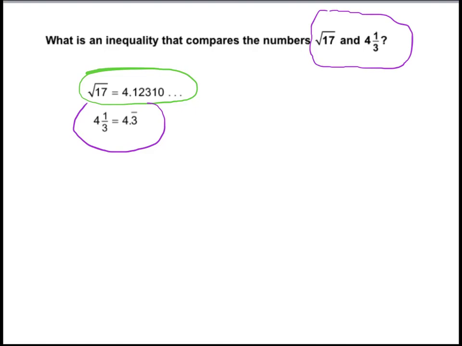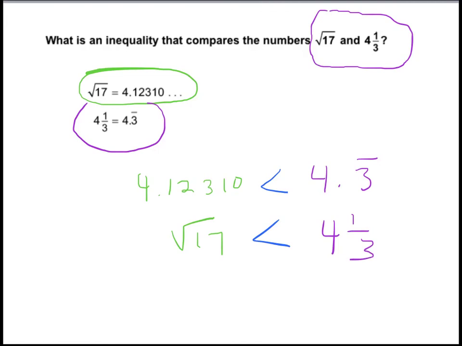Now we know that 4.12310, which is just radical 17, is less than 4.3 repeating, so less than 4 1/3. And that's how you would compare the two numbers.